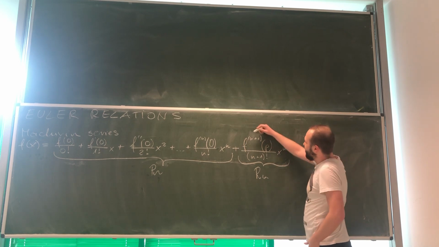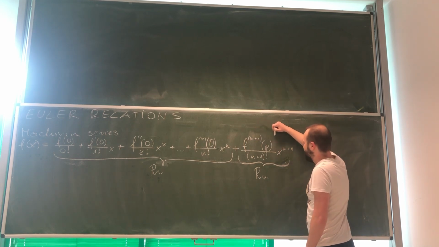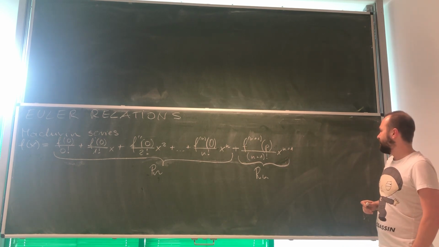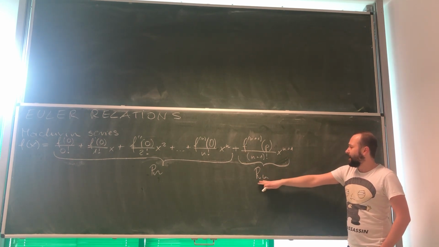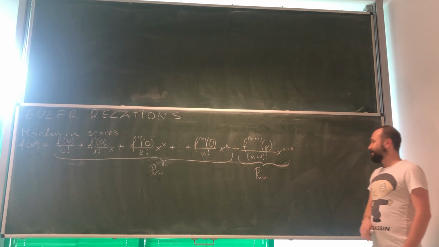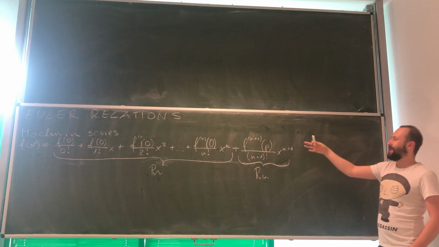Here, what we see is an expression with n plus 1 at some point p, not necessarily 0 like in the Maclaurin series. This is the Lagrange remainder. Why do we need this Lagrange remainder? This is what we've got left.